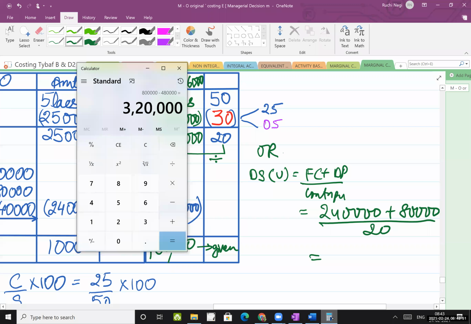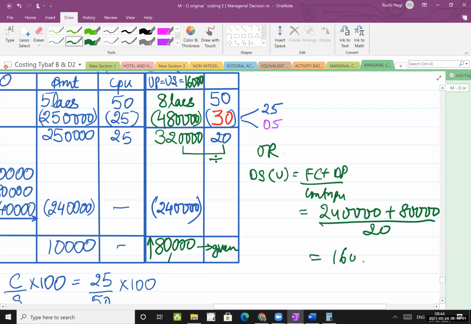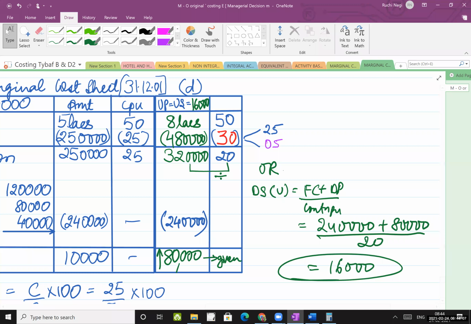Solve this. 2,40,000 plus 80 divided by 20. Okay, 16,000. Both the ways will give you the same answer. That is what I keep saying. So this is the highlight of the sum. 60 units produced निकालने को बोला था.